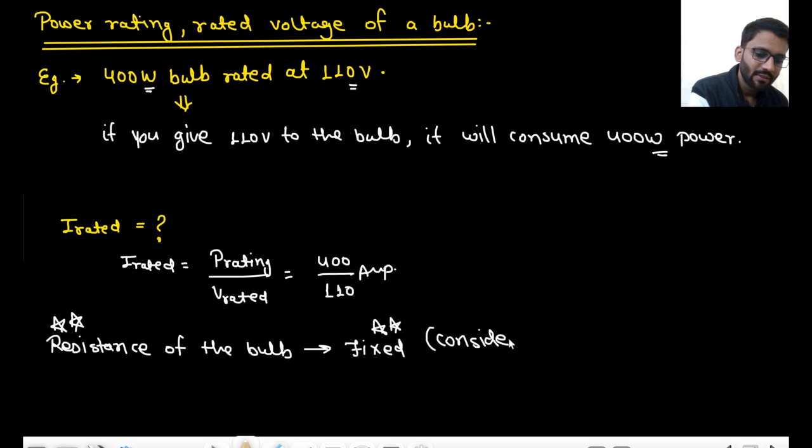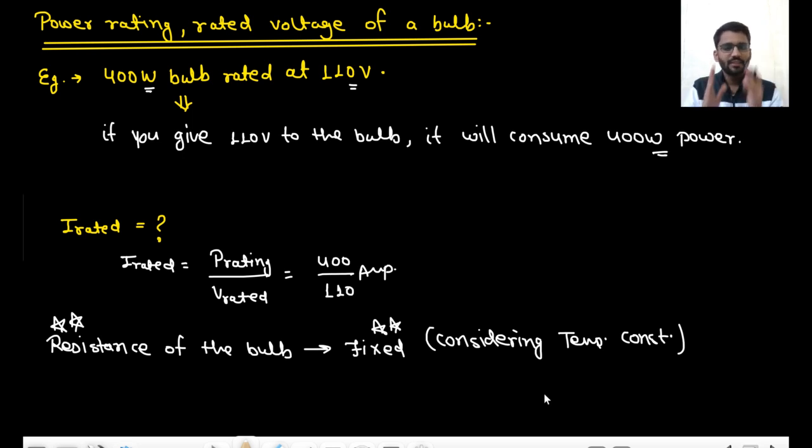We are not seeing the effect of temperature here. With respect to temperature it may change, but we are considering temperature constant here. We are just seeing the effect of the voltage rating or power rating or current rating. Resistance of the bulb will always be constant. You have to remember it.